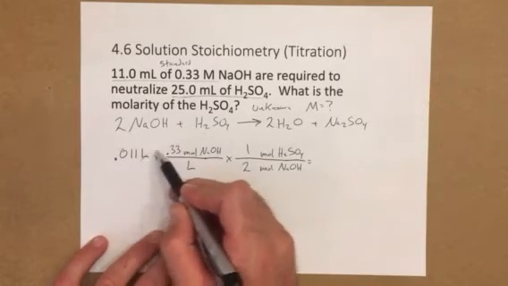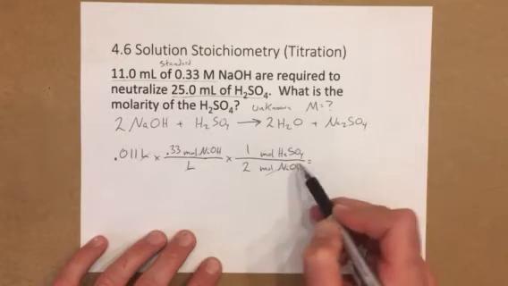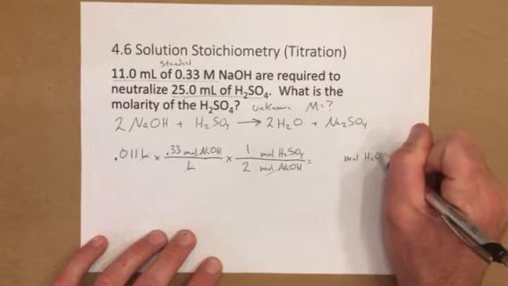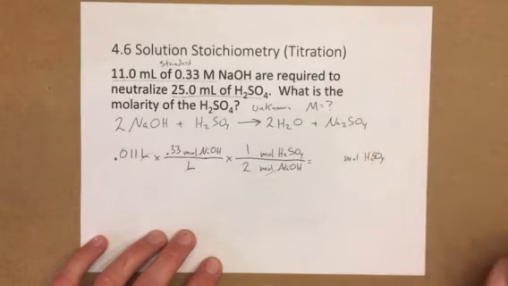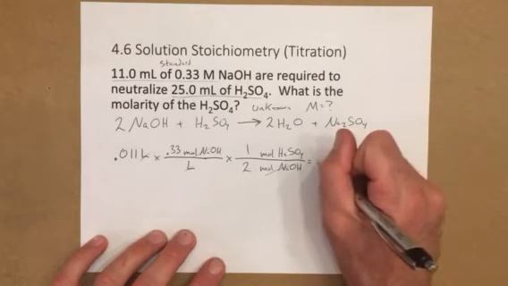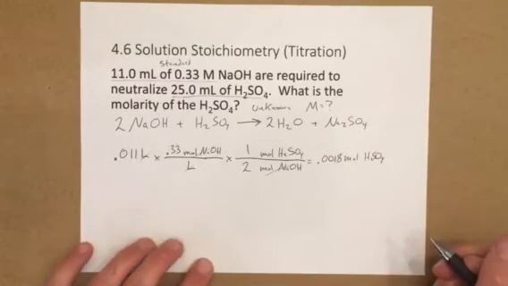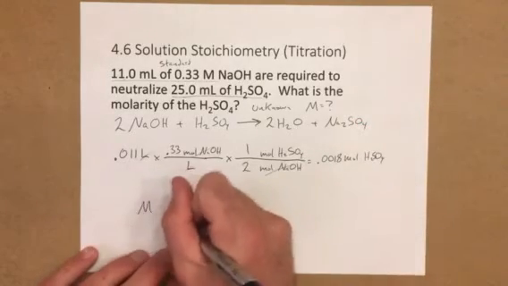So liters will cancel out, moles of sodium hydroxide cancel out, and then this will give us moles of H2SO4. And that comes out to be 0.0018.